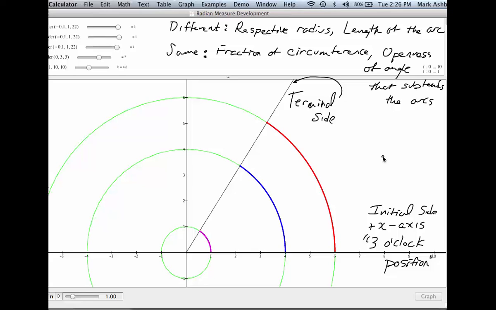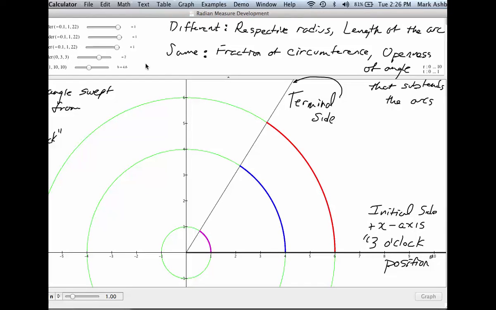So this is a very conventional angle that we're going to use throughout Module 7. The angle swept counterclockwise from the 3 o'clock position. We're going to say that a million times. The angle swept counterclockwise, CCW means counterclockwise, from 3 o'clock.